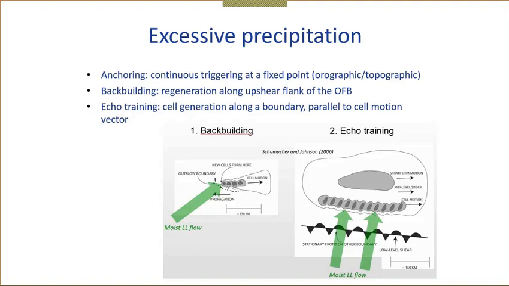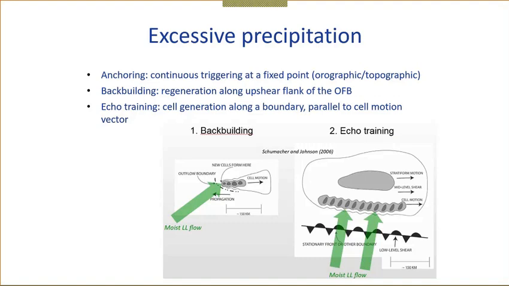So the individual cells are moving to the right, and the system itself is moving a little bit to the left. So you end up with a situation that at one location you continuously have the formation of new cells. That can be tricky because that leads to flooding, for instance.